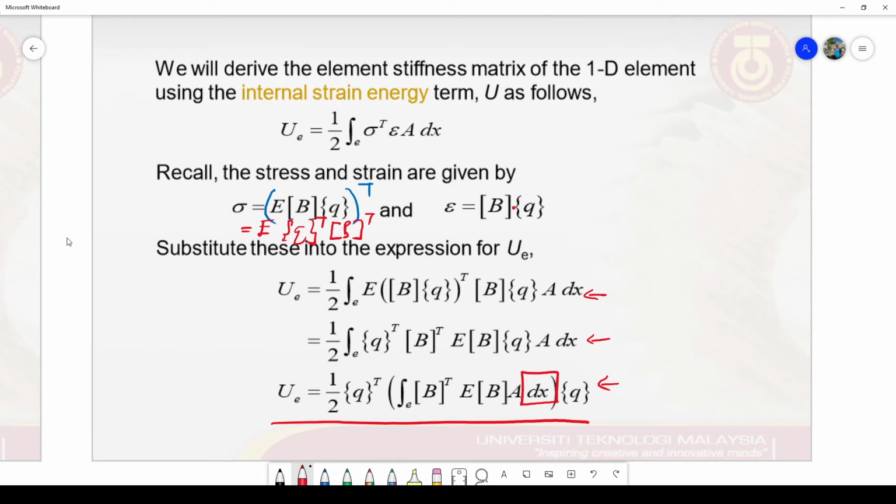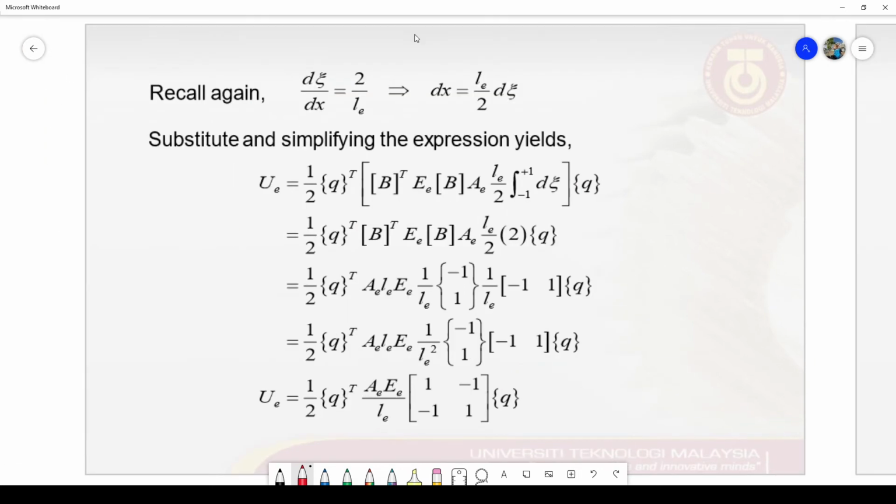From this stage, we need to rewrite this equation so that it can also be written in the natural coordinate system Z. To convert from the Cartesian coordinate system into the natural coordinate system, the equation that we derived from the earlier slide can be used.